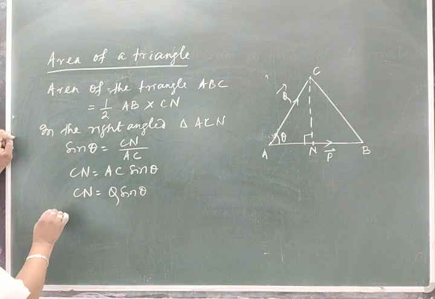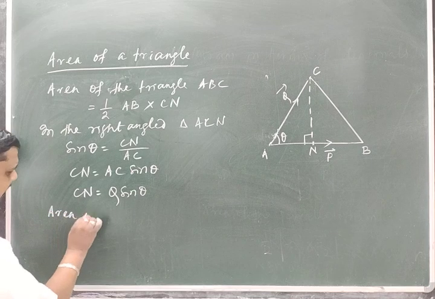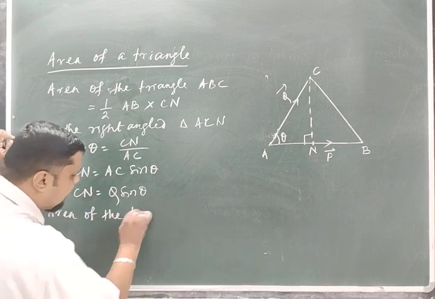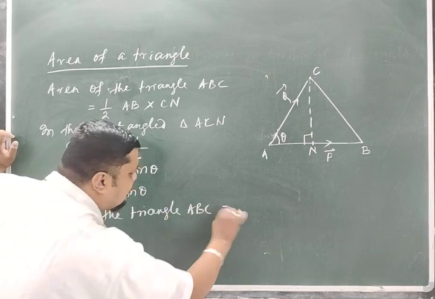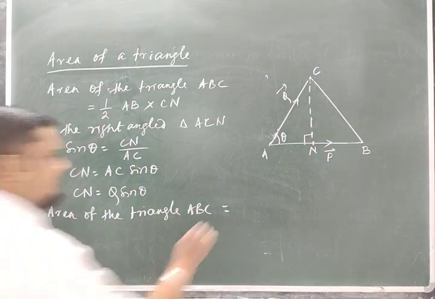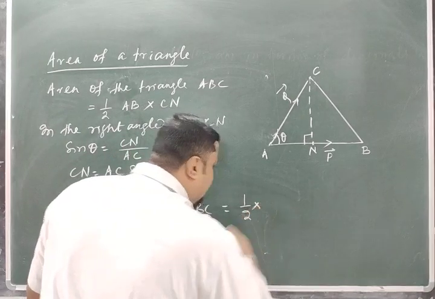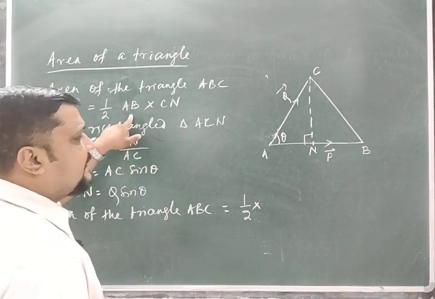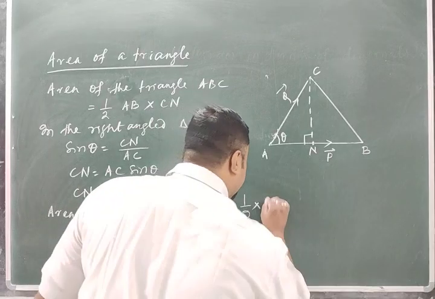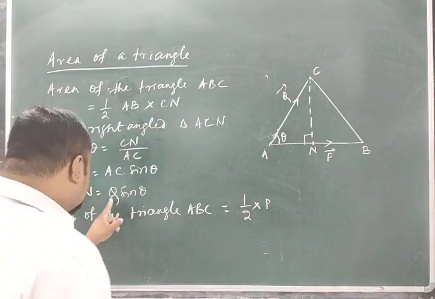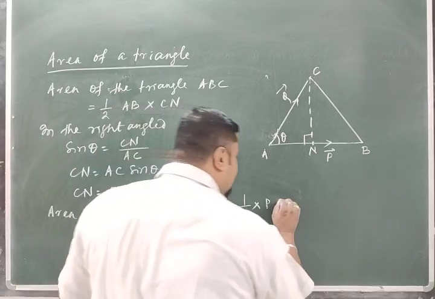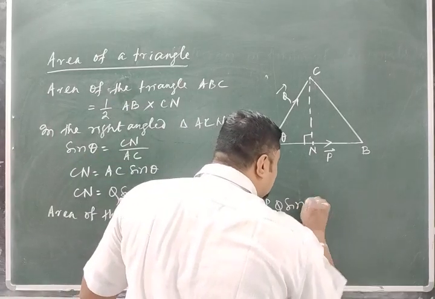Area of the triangle ABC is equal to half AB. What is this AB? AB is the magnitude of P. What is CN? Magnitude of Q vector sin theta. So, these are all our magnitudes.